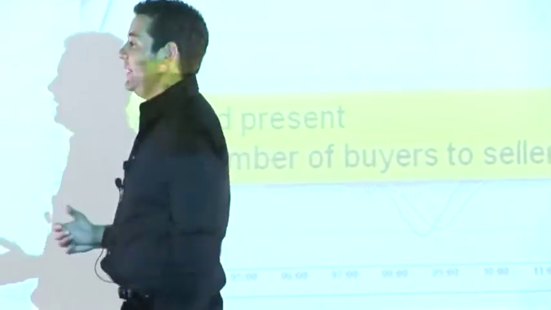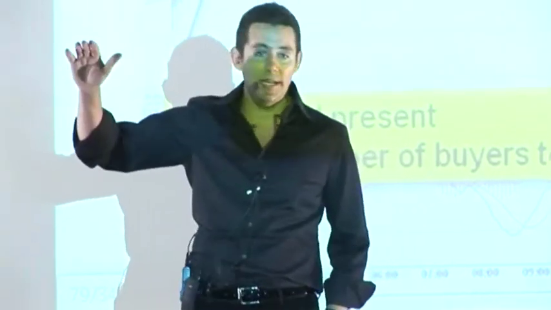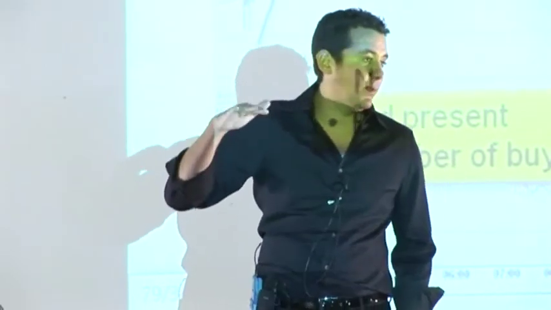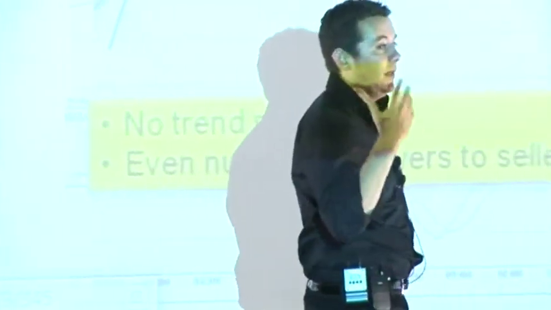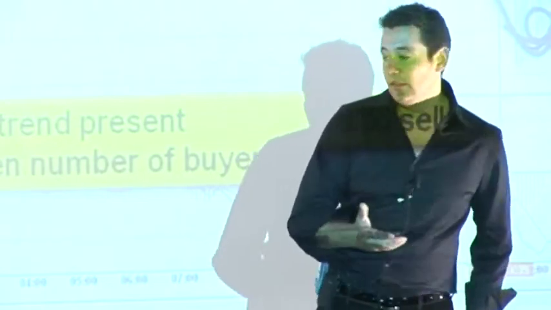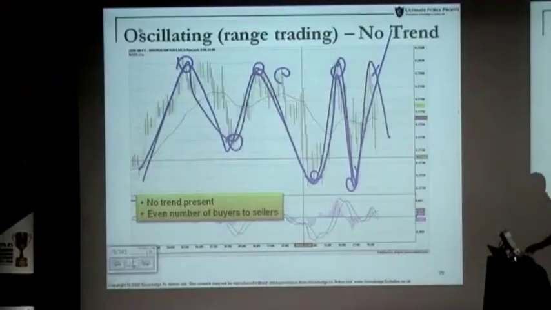Let me tell you what an uptrend is. An uptrend is where you've got higher highs and higher lows. So write that down. A downtrend is where you've got lower highs and lower lows. And when you've got a mixed bag, like you have here, you've got nothing, you've just got a range.